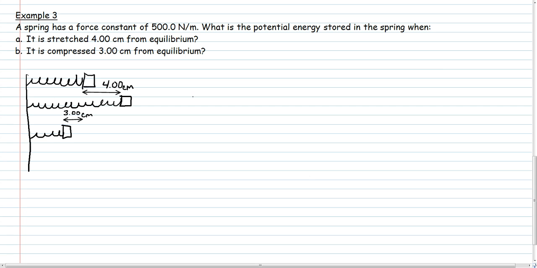I know that k is going to equal 500.0 newtons per meter. And then my delta x's are these 4 and 3 centimeters.